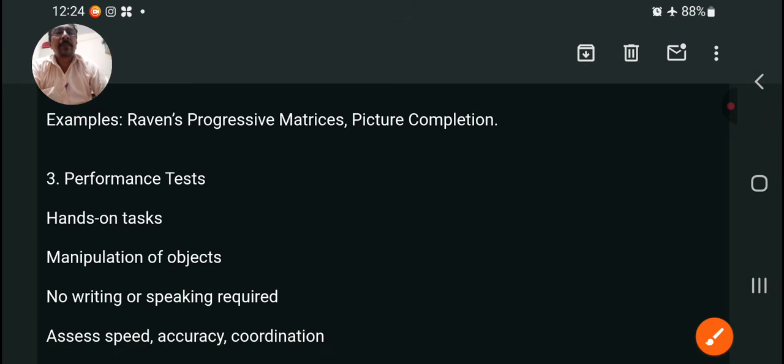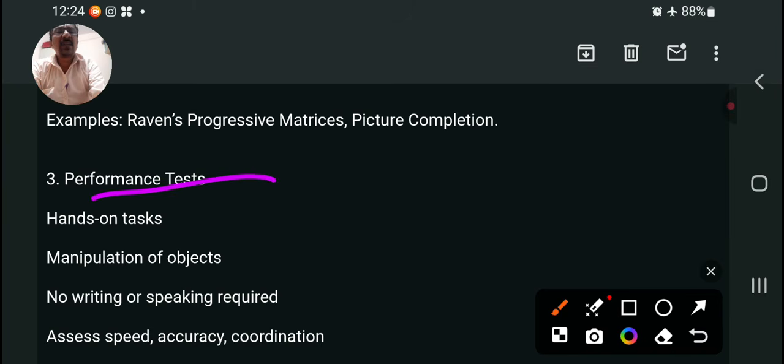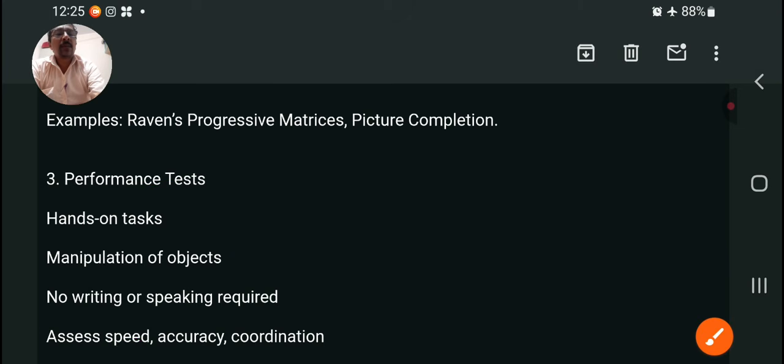Then third type, performance test. It involves hands-on tasks and manipulation of objects, with no writing or speaking required. It assesses speed, accuracy and coordination.